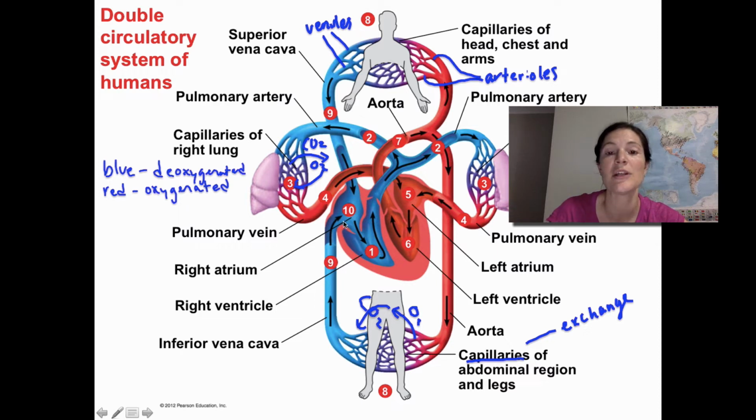So that's your second loop, going from the left side to the body and then coming back into the right side. Essentially, on the loop to the lung, blood is oxygenated, and on the loop to the body, blood is deoxygenated.